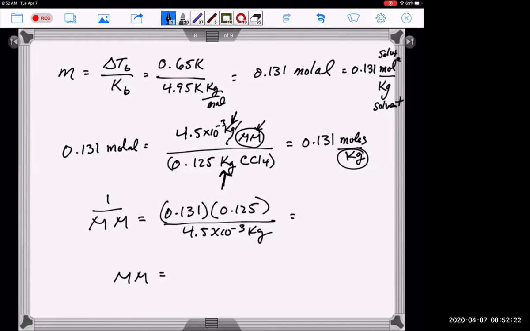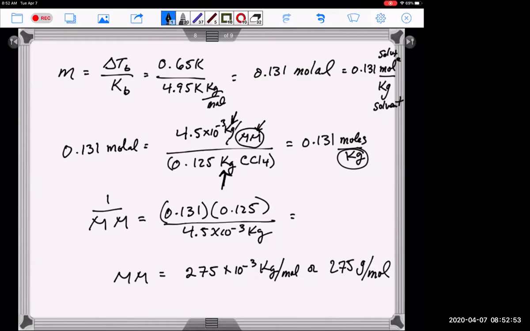And I only did the reciprocal, which I got 275 times 10 to the minus 3 kilograms per mole, or 275 grams per mole. So we get the molar mass from this analysis. And again, this was a typical standard approach to determining molar masses before mass spectrometry was developed.